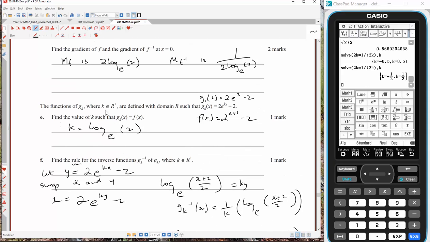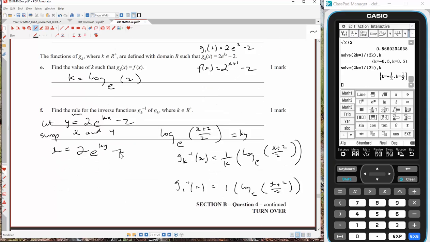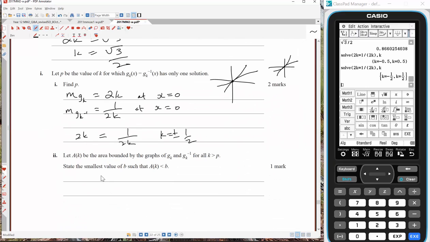What's k? k is an element of all real positives, so k is an element from 0 to positive infinity. Therefore, k equals a half. And let p be the value of k. So k equals a half, therefore p equals a half.